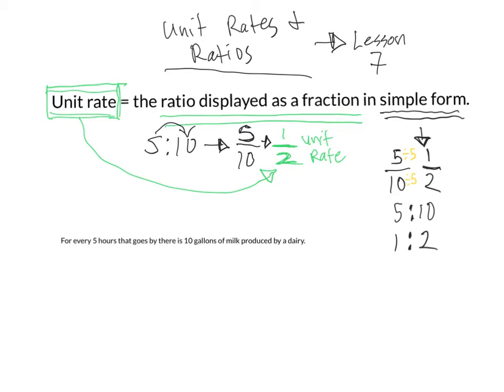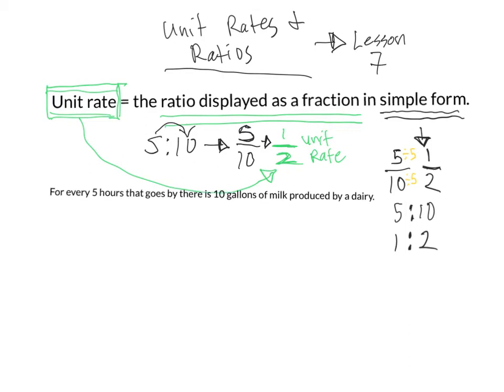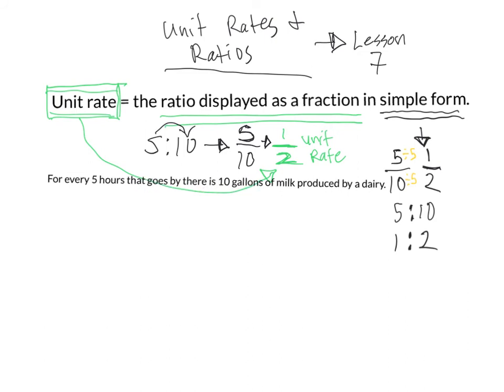Okay. So if we're looking at this, now we are bringing some context in. If we say that for every 5 hours that goes by, there's 10 gallons of milk produced by a dairy, we need to find the unit rate for that.